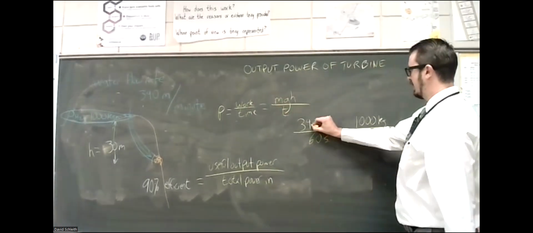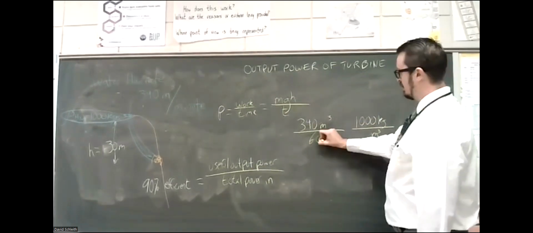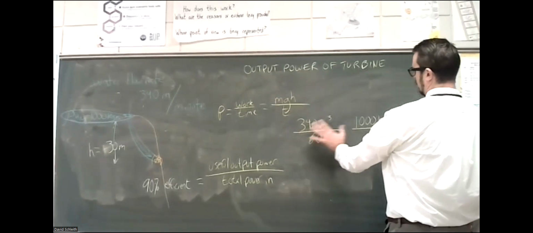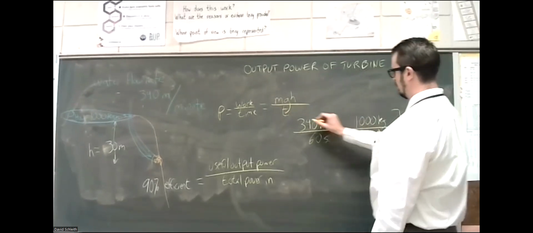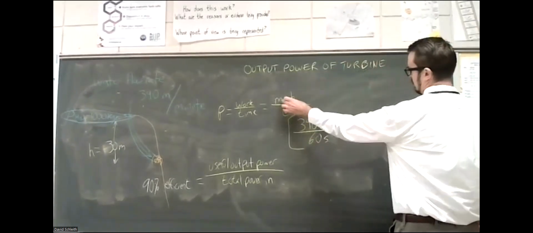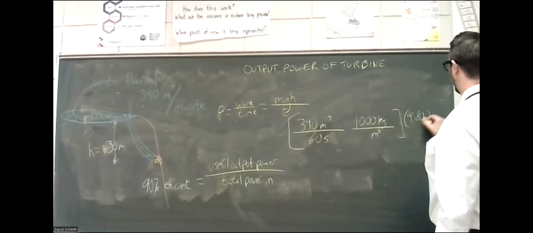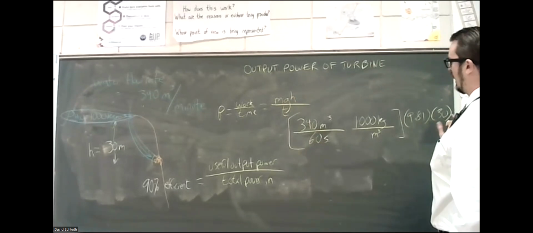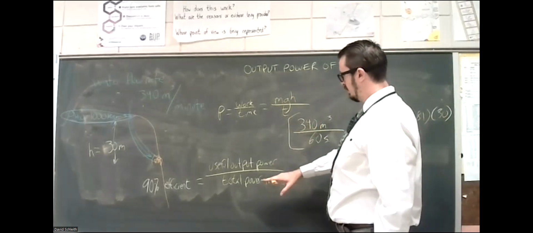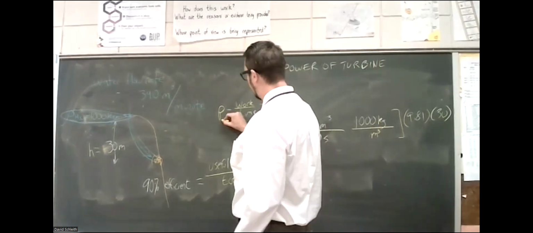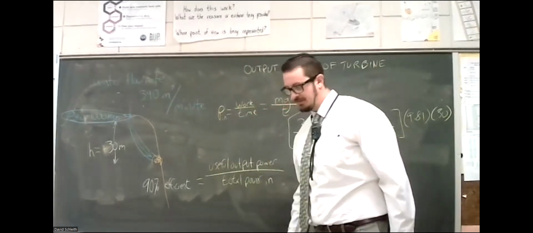Once we've multiplied 340 times 1,000 divided by 60, that gives us m over t. Multiply that by 9.81, multiply it by 30, and now we've calculated our total power in. Remember that this is just the total power that comes from the gravitational potential.